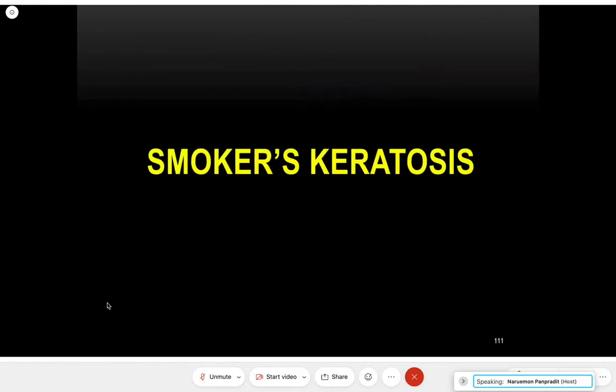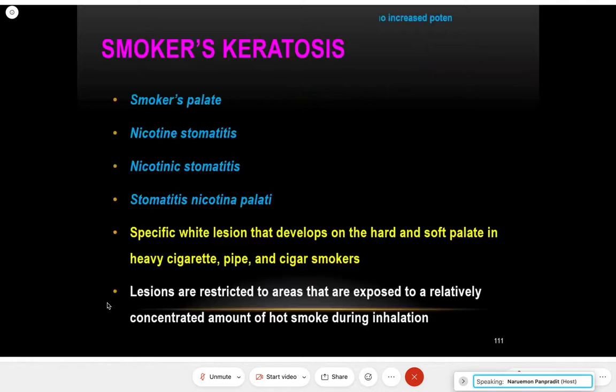Okay, next, smoker's keratosis. This one relates to smoking, because it's smokers' keratosis.